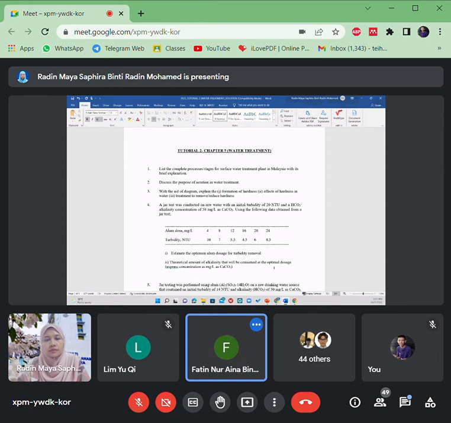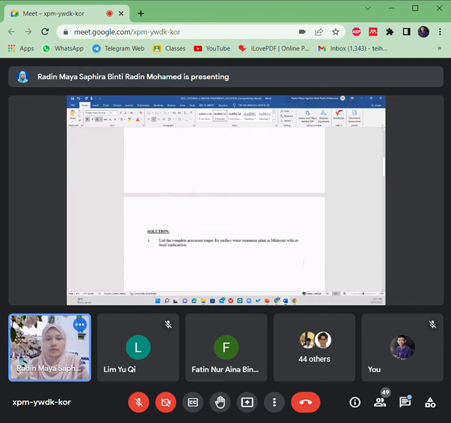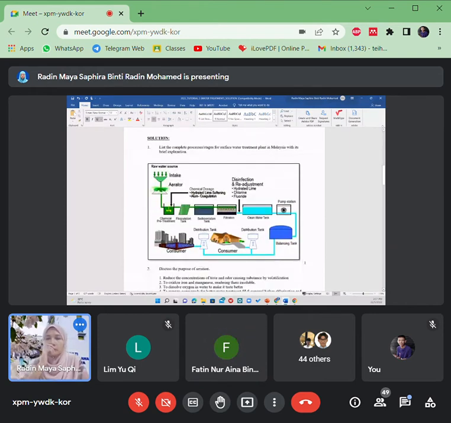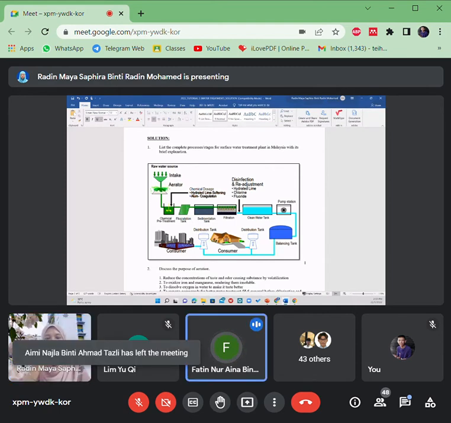Pre-chlorination. Ya, lagi, then? Rapid mix. Okay, flocculation, okay. Aeration tak ada? Aeration. Ya, aeration. Lepas tu? Filtration, settling, okay, sedimentation.